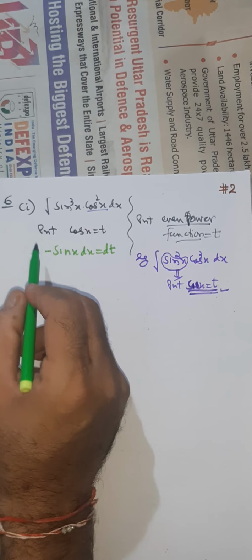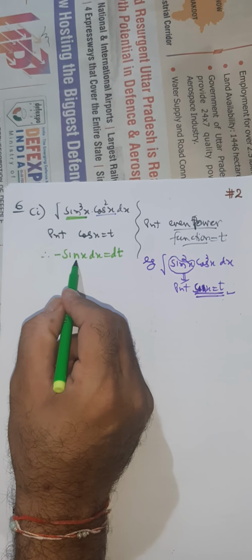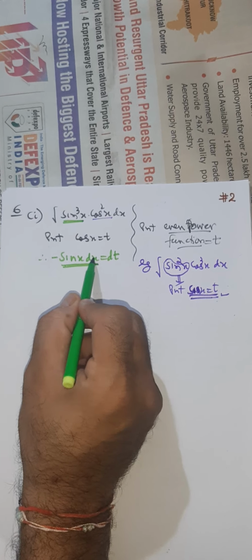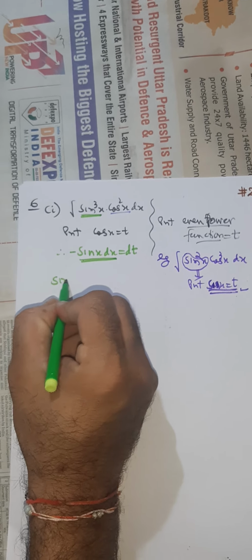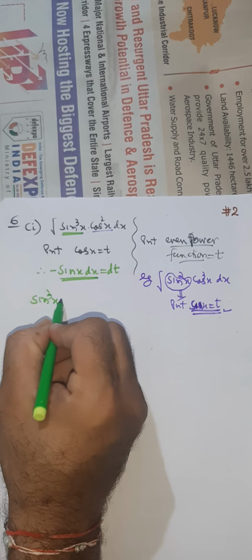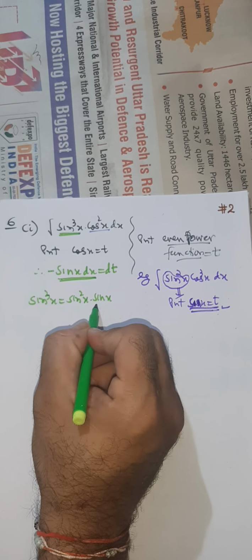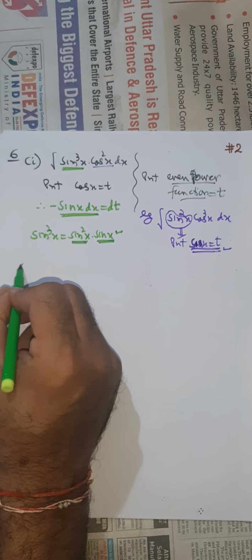Minus sign is extra. Out of sine cube, one sin x is used with dx. So here you are left with sine square. It's like this, remember: sine square x into sine x. So here one sine x is used with dx, and you are left with sine square.